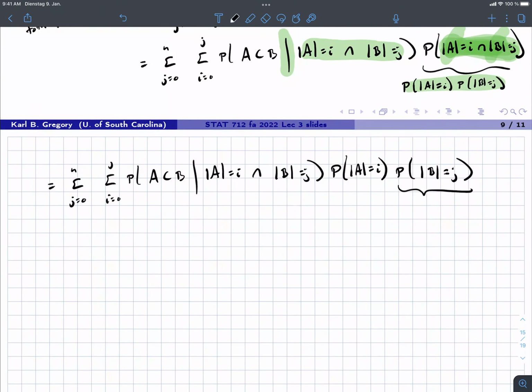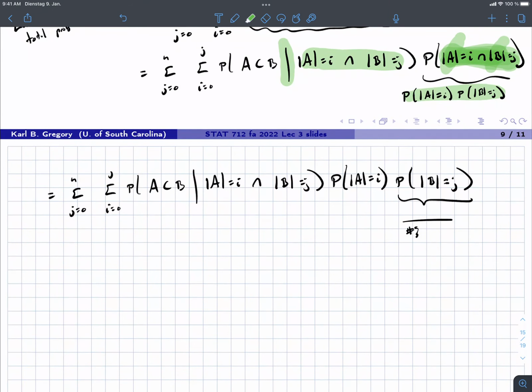So to compute this, from the counting rule lecture, we can see that this probability is going to be the number of subsets of omega of size j divided by the number of subsets of any size of omega.